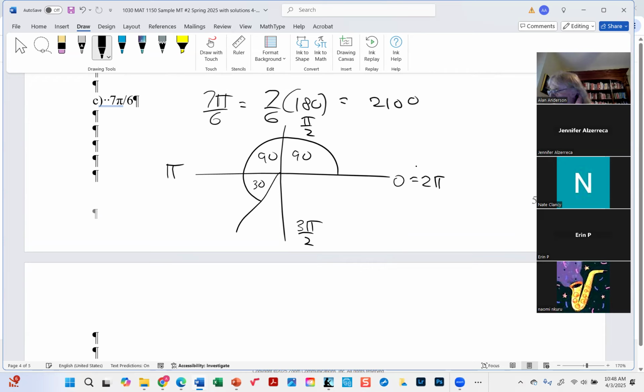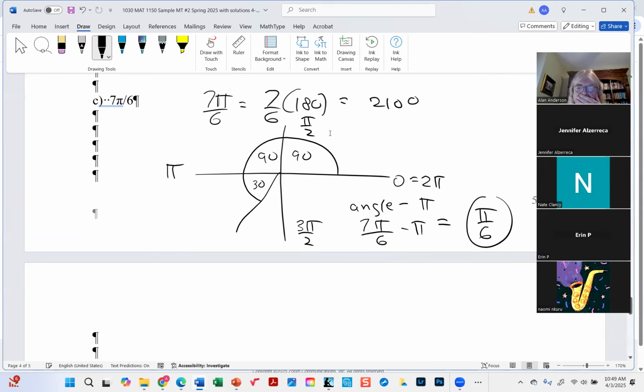So when we use the formula, angle minus pi, we'll have 7 pi over 6 minus pi, which is pi over 6, which is the same thing as 30 degrees. So again, the picture should be helpful, because all this is saying is that once we reach this point, you'd need to go back 30 degrees or pi over 6 radians to get back to the horizontal axis.